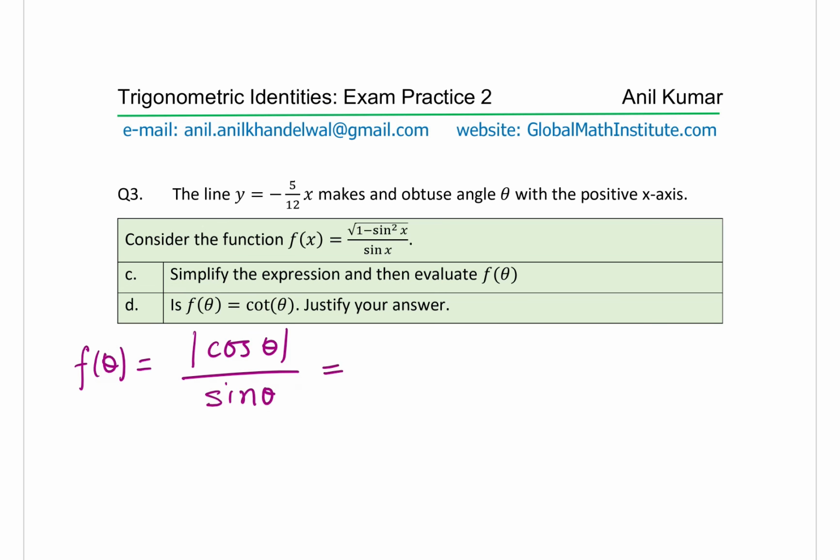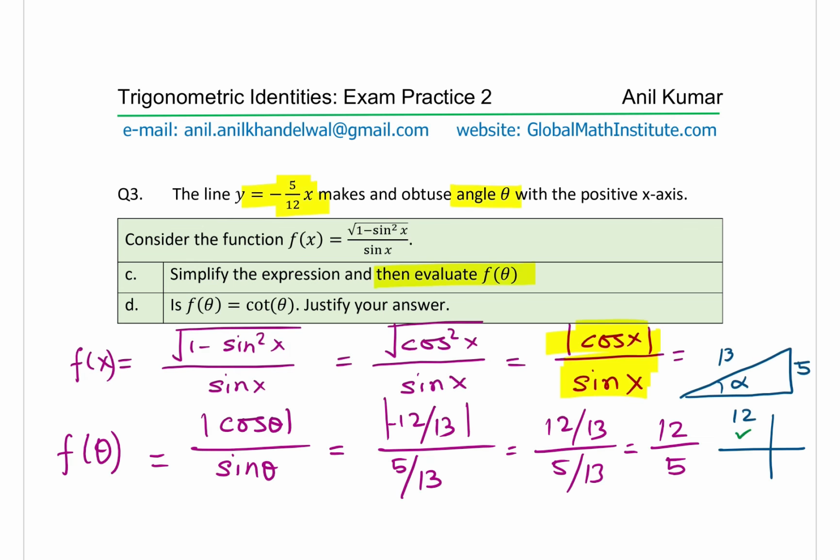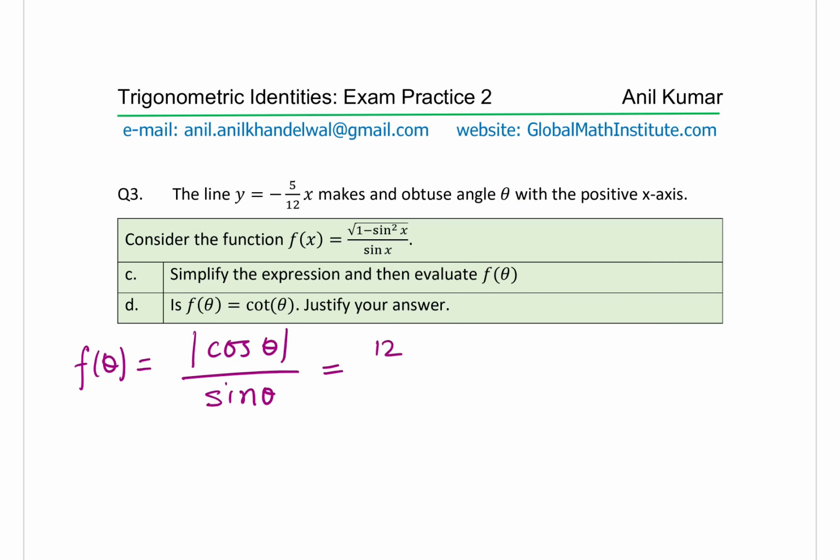And we did get the value of f of theta as 12/5. And remember, we are in quadrant 2. The cast rule. Only sine is positive here, or its reciprocal. But cot theta is negative.